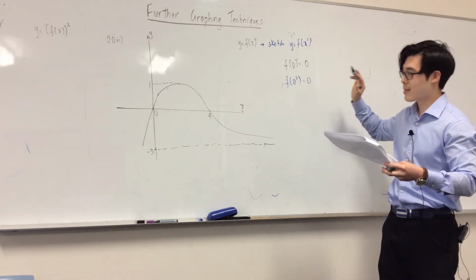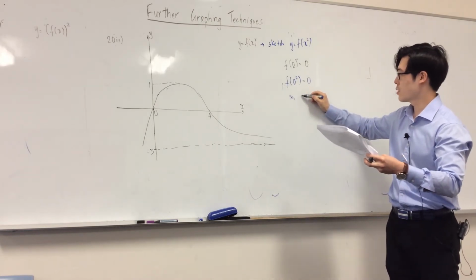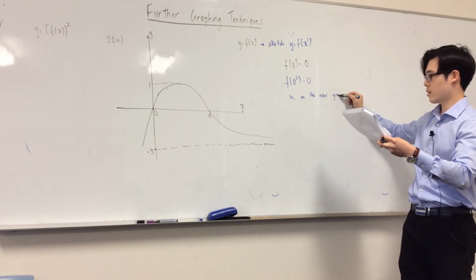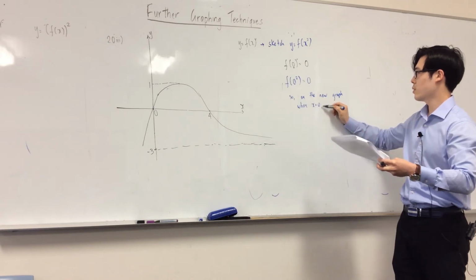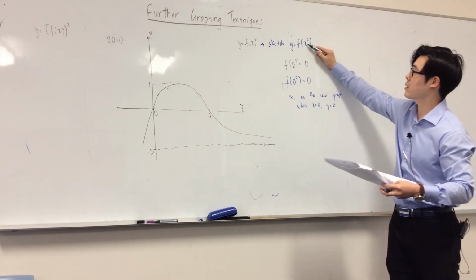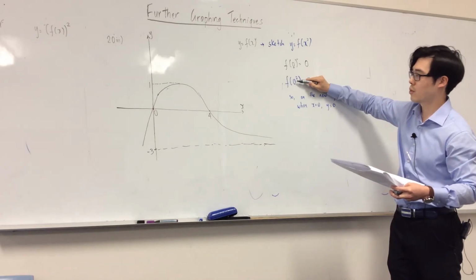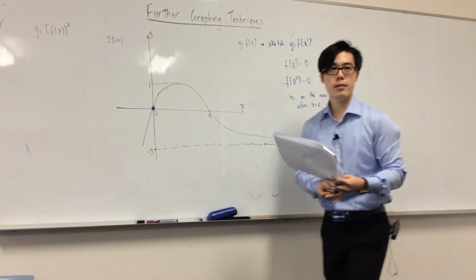That means on the new graph, when x equals 0, y equals 0, because the question is sketch x squared, and at x equals 0, or 0 squared, it's 0. So this is my first point. Okay?